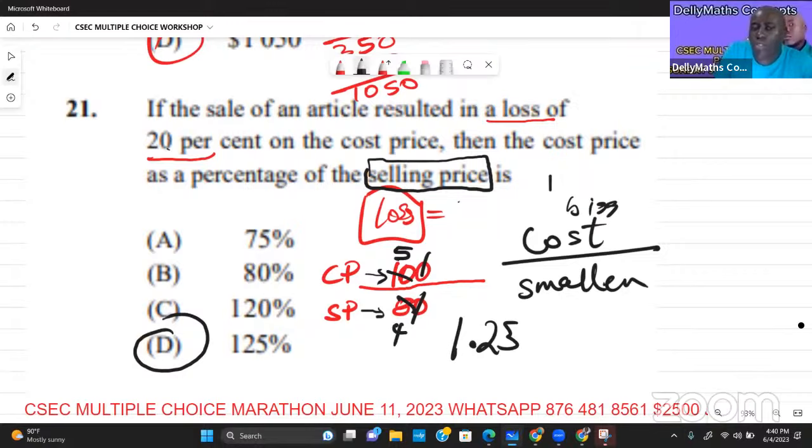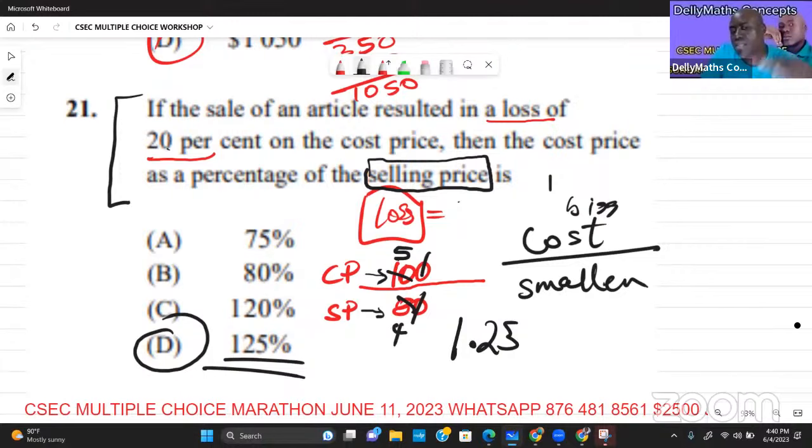So there is the working out for it right there. I guess we have to read the question carefully, and not just set it up the way we want, because in this one they're suggesting that we set it up this way. They said put the cost over the selling.